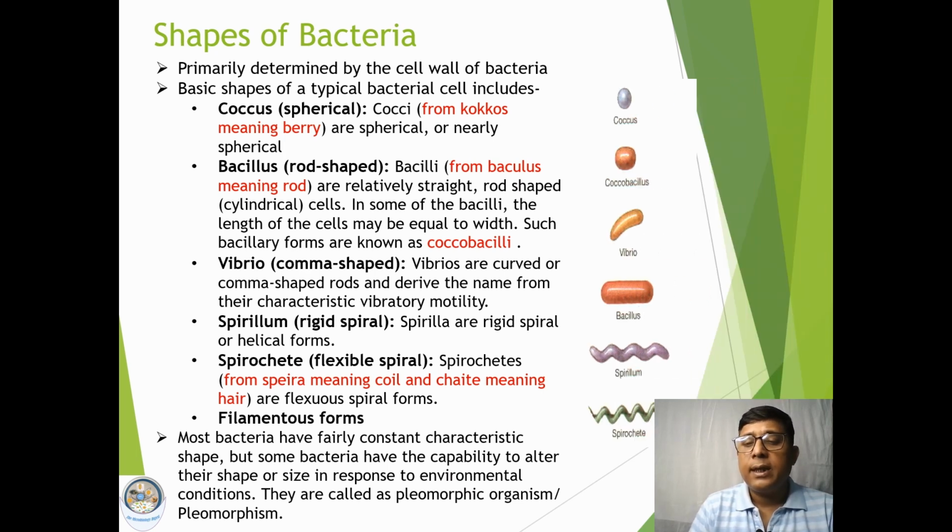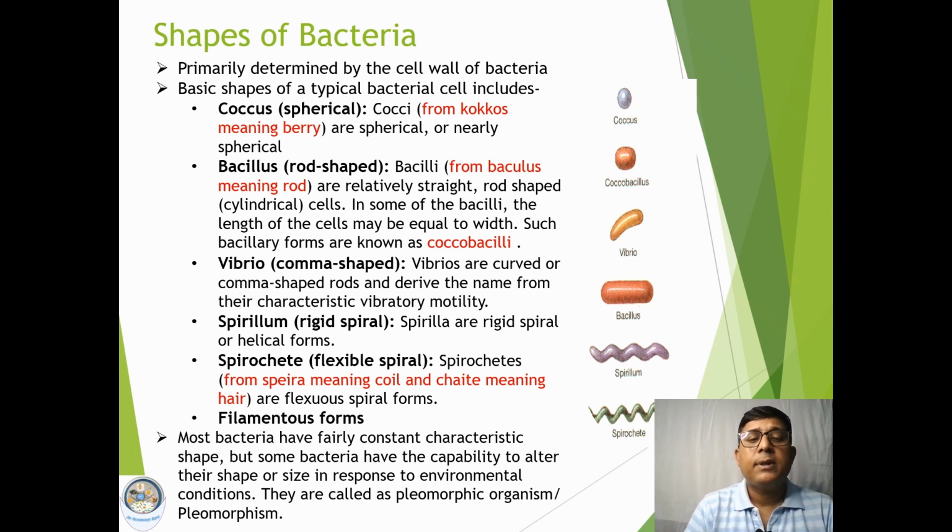Then fourth is the spirillum. These are rigid spiral organisms. Their shape is spiral, but they are rigid. They are rigid spiral forms, and they are called spirillum.